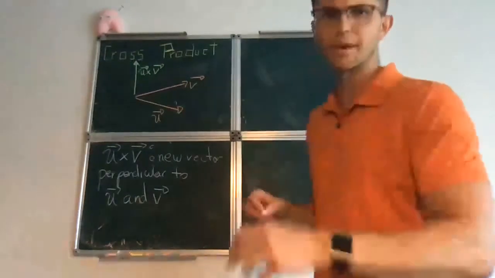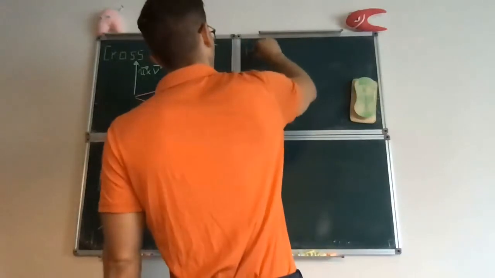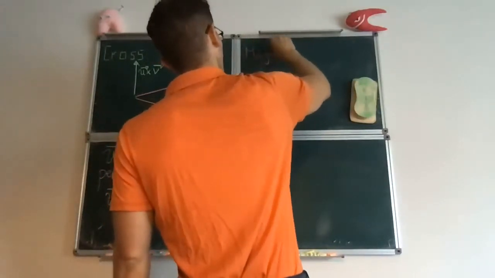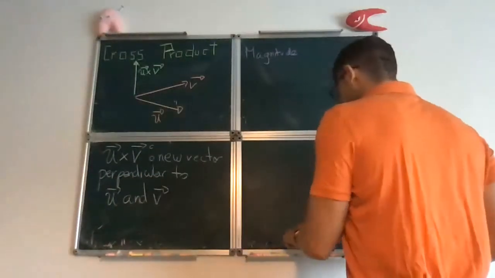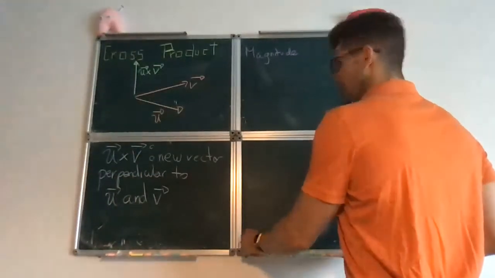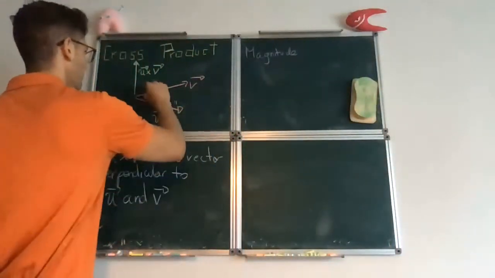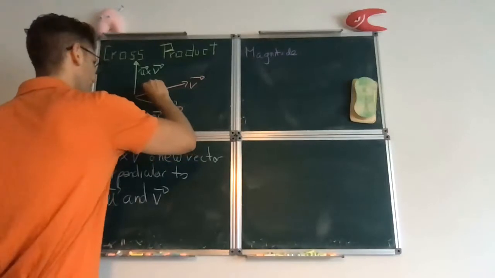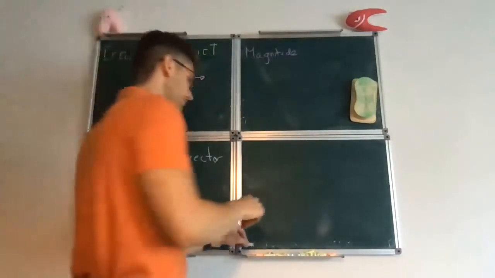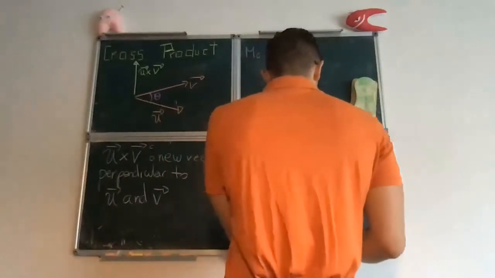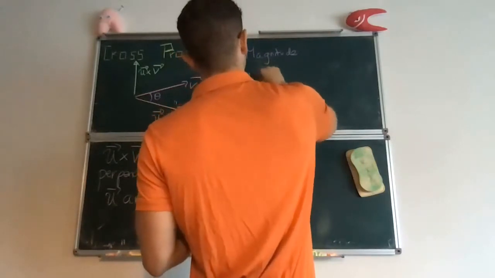So let's discuss the magnitude. Remember that the dot product had to do with the angle between the vectors. The cross product also is related to the angle of the vectors, but now with the sine instead of the cosine.